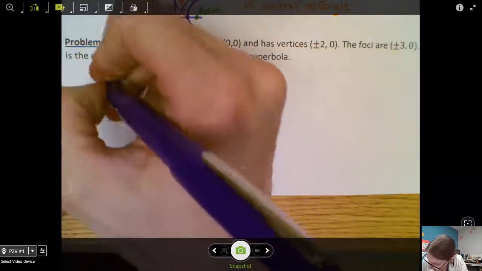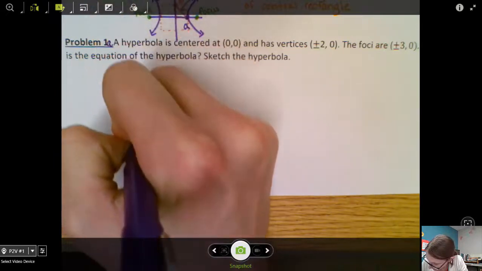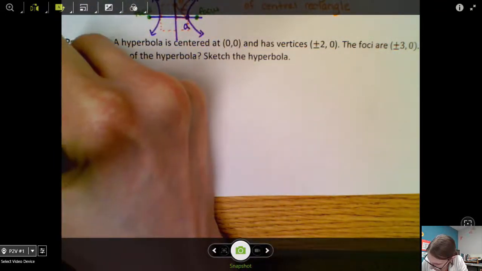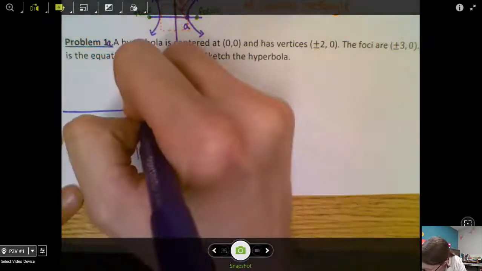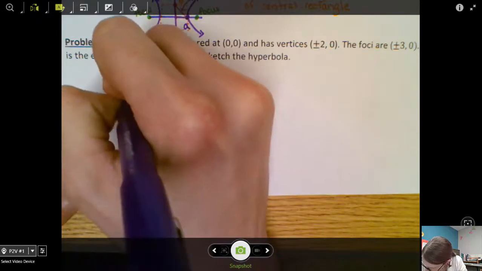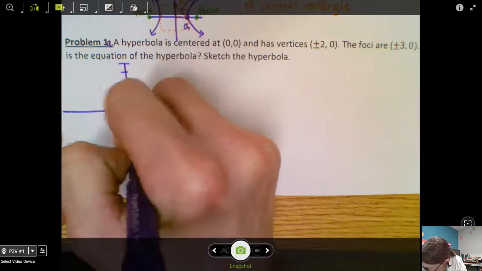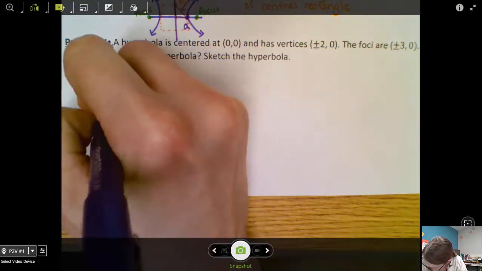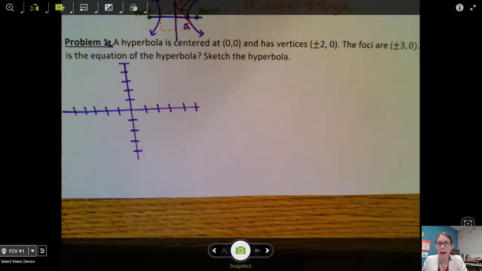So first of all, let's sketch what we know about our hyperbola. We'll draw our x and our y axis. We know we have our hyperbola centered at 0, 0.